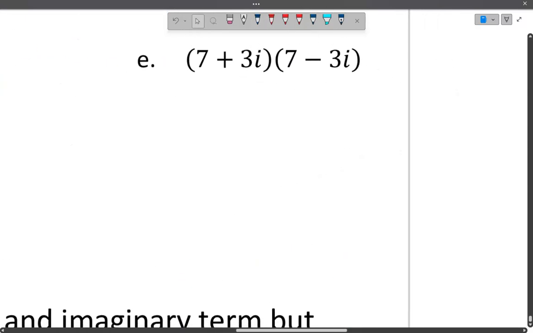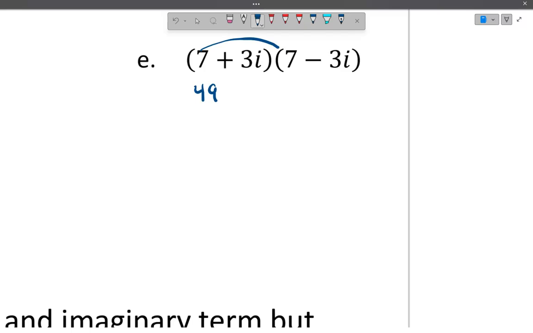We had a similar example earlier where we had the multiplication, and we ended up having 49, which is 7 squared. We ended up having 9, or sorry, 3 squared, which was 9. And then the i squared made it a positive. And then the middle two multiplications, the negative 21i and the positive 21i, ended up canceling each other out.